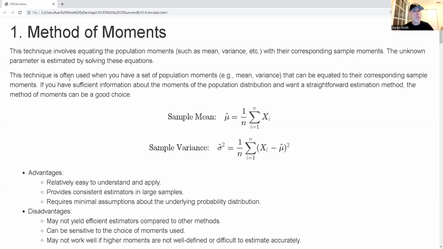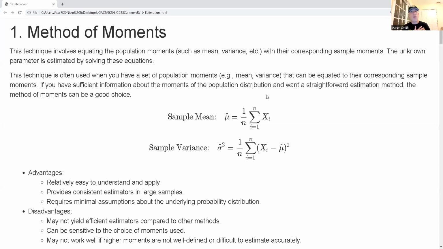This technique is often used when you have a set of population moments, mean, variance, skewness, kurtosis, that can be equated to their corresponding sample moments. If you have sufficient information about the moments of the population distribution and want a straightforward estimation method, the method of moments can be a good choice.